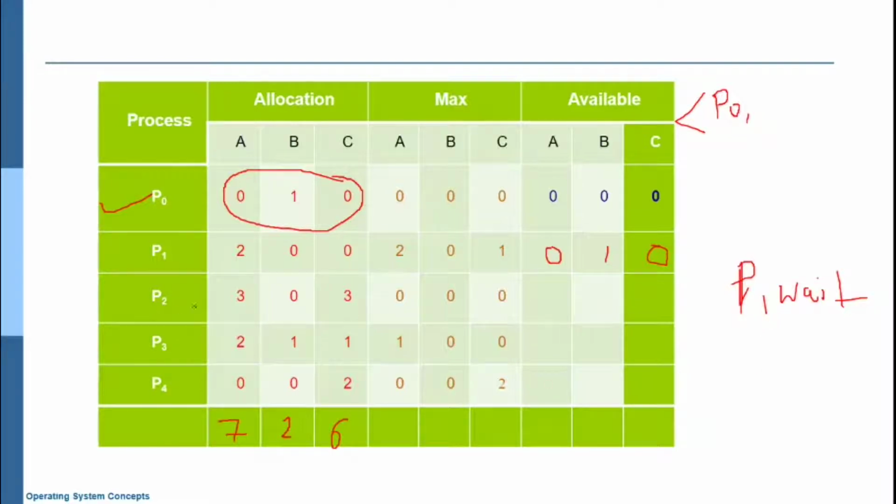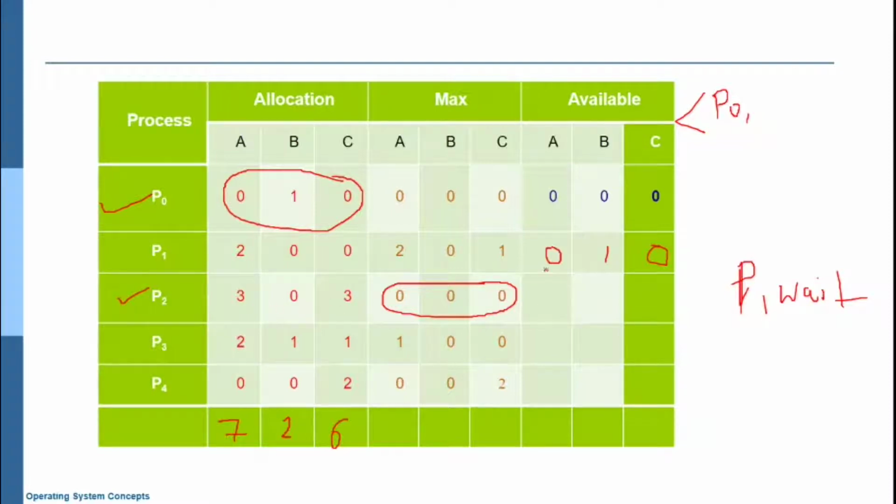Next, P2 requests 3 instances of type A, 0 of type B, and 3 of C, and it did not request any other resources. So it can complete its task. When it completes its task, all its resources are moved into the available.